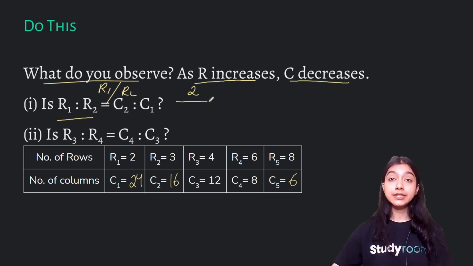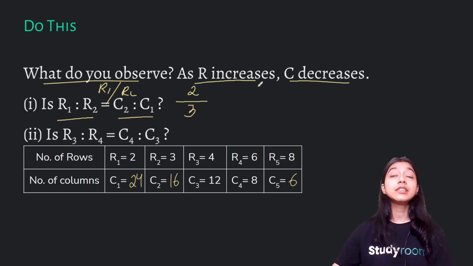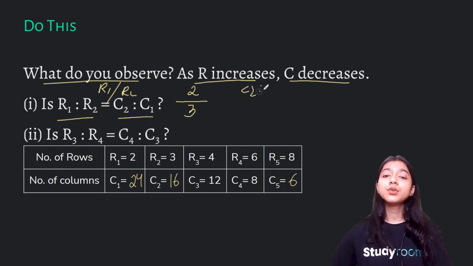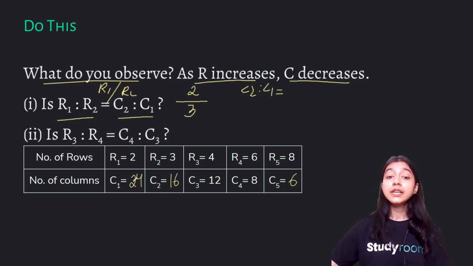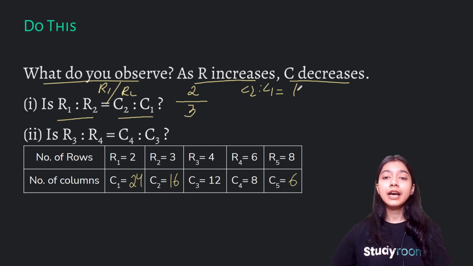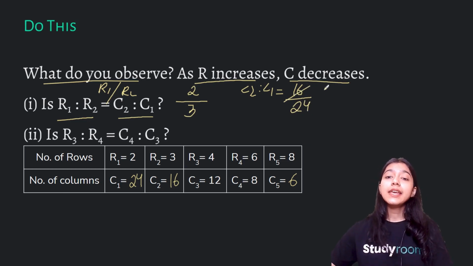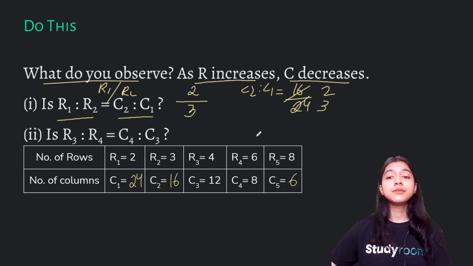So R1 over here is 2 and R2 is 3, so here we have 2 by 3. Let's check for C2 is to C1. C2 is 16 and C1 is 24. Now this will get cancelled: 8 2 times 16 and 8 3 times 24.